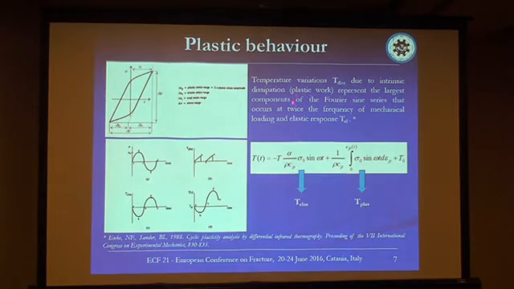So we have to consider not only the temperature variation of the elastic response, but also the temperature due to the dissipation of the plastic work done in the application of the load.